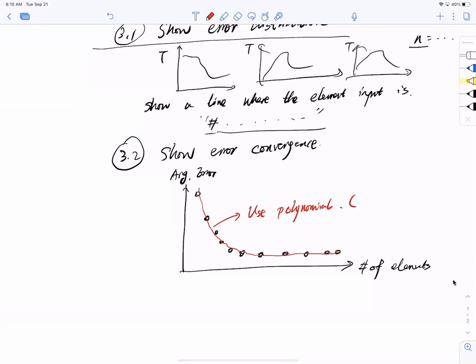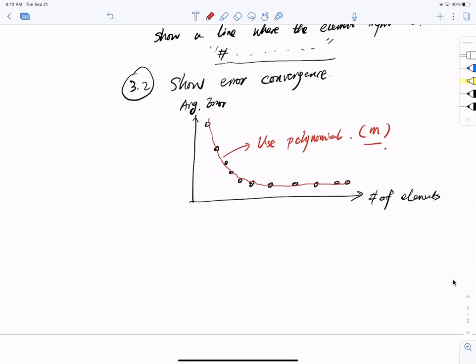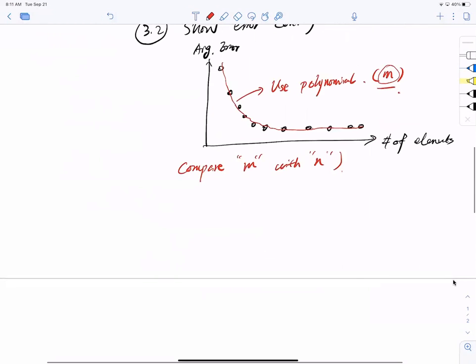And I want you to show me what the power of this fitting line is. And then last but not least, compare this power with the number of elements. Okay, so this is the total number of elements, right?